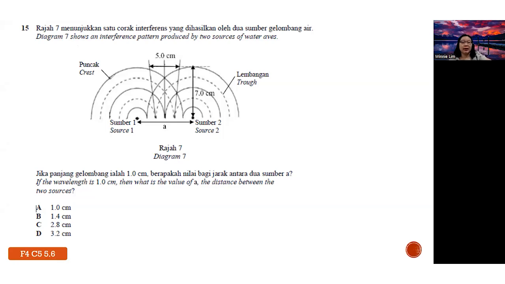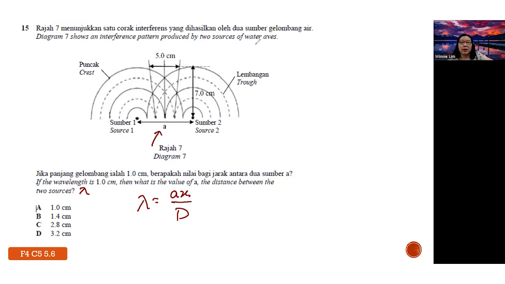If the wavelength lambda is 1 cm, then what is the value of a, the distance between the two sources? Basically for interference of wave, you really need to know the formula, which is lambda equals to ax over d. And of course, you need to know what this a, x, d refer to. Lambda is wavelength. So a is the distance between two sources as shown in this diagram.